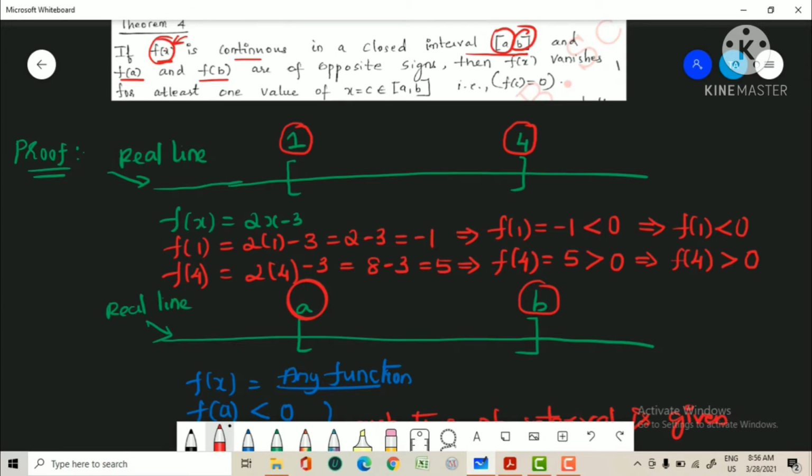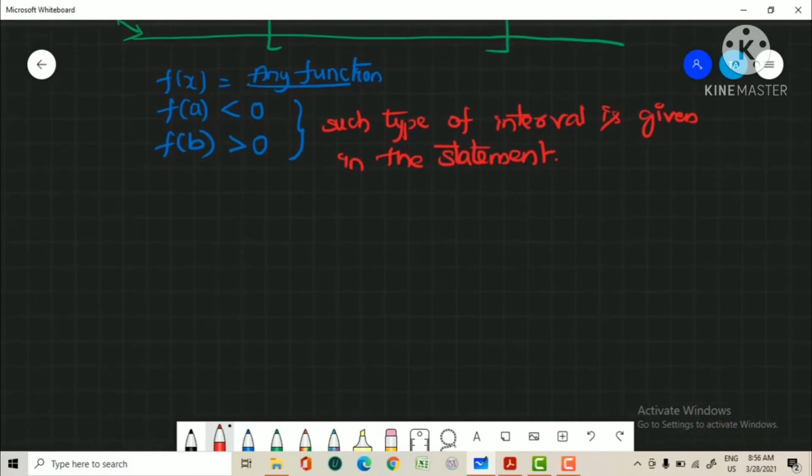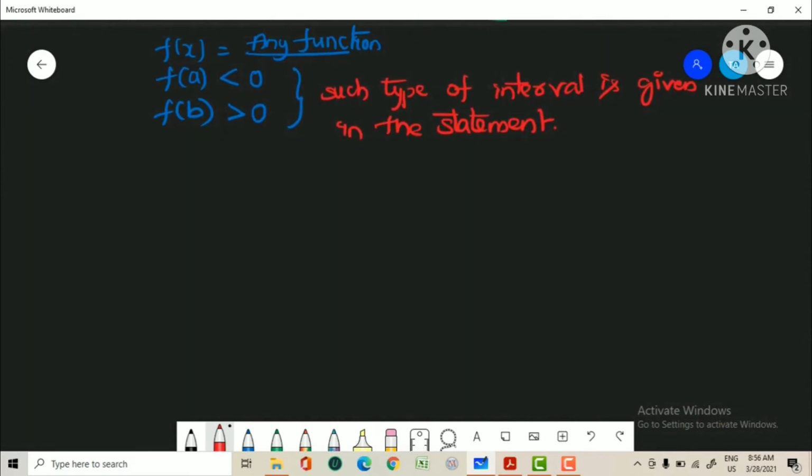Okay, that concept. Now how do we move ahead? We will move ahead by defining a subset S of a and b.